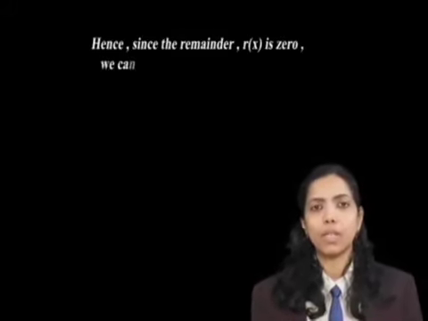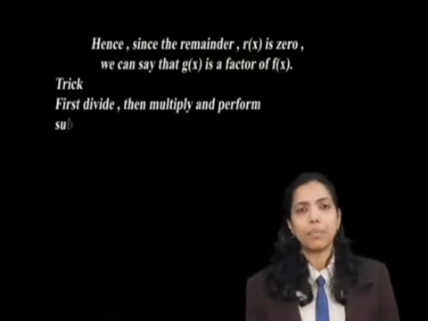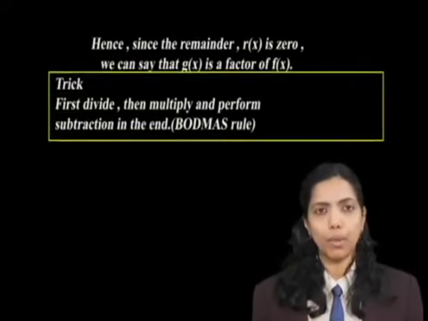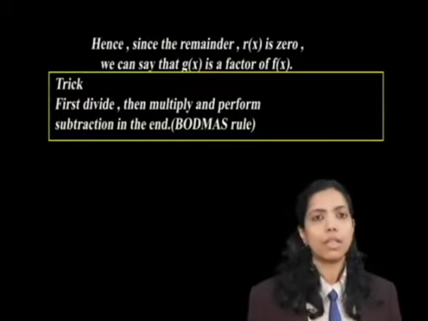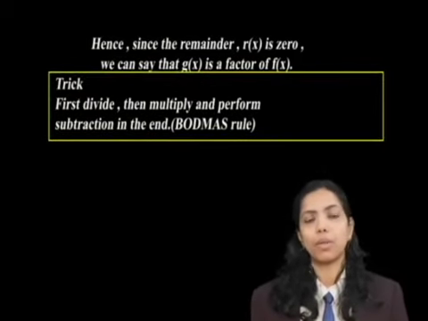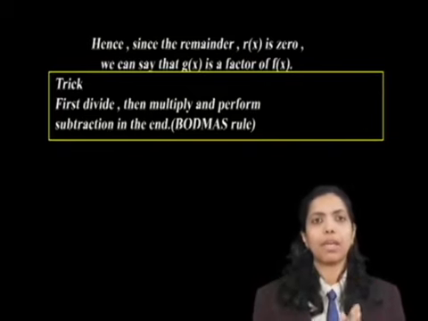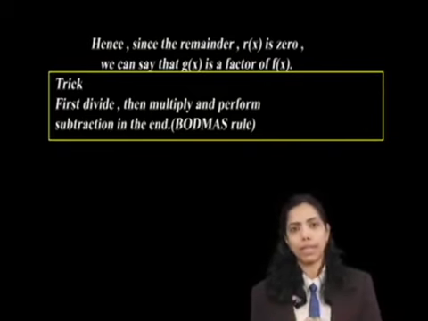Since the remainder is 0, of course, the given divisor is a factor of the polynomial. So a trick related with the division algorithm of polynomials is: first divide, then multiply, and perform the subtraction in the end.